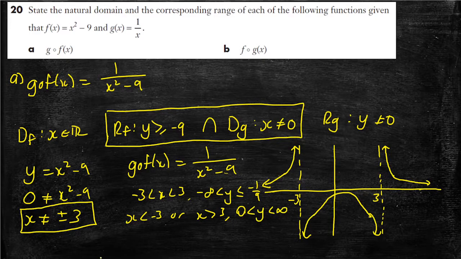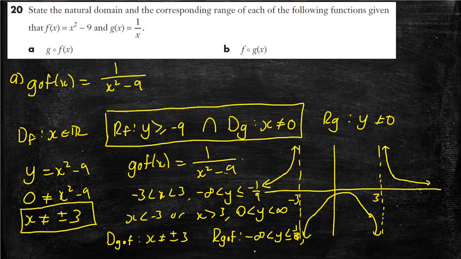Let's just put that into context now. So we can write the domain of g of f is going to be x can't equal positive or negative 3. Those are the only restrictions on the x values there. And the range of g of f, well, it can go from negative infinity to minus 1 over 9. That's the first part of it.